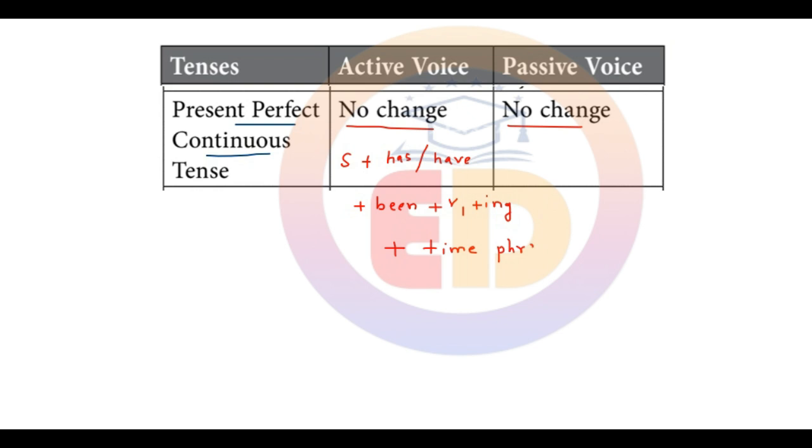So it will remain completely the same in the passive voice also. Subject plus has or have plus been plus first form of verb plus ing plus the phrase. There is no change from active to passive voice in present perfect continuous tense. So if a question is asked, in that case, just mark the same sentence as both active and passive voice.